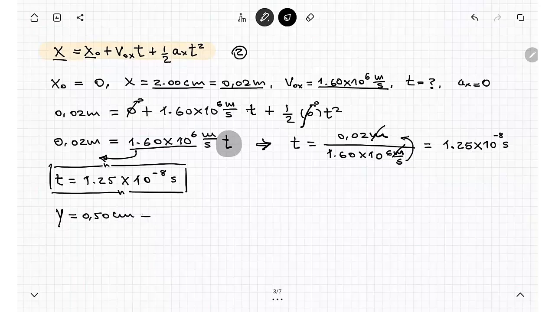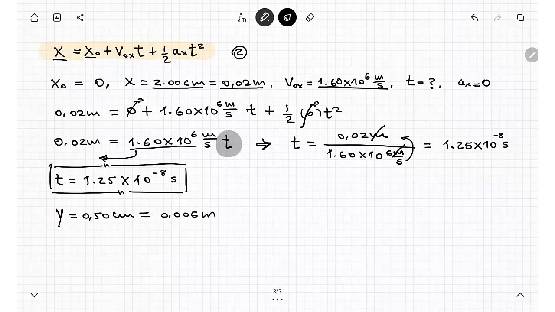centimeters. And we can do the same that we did earlier, because we want to write this expression in meters. So it would be dividing this quantity by 100 to have this quantity in meters, and that is equal to 0.005 meters.